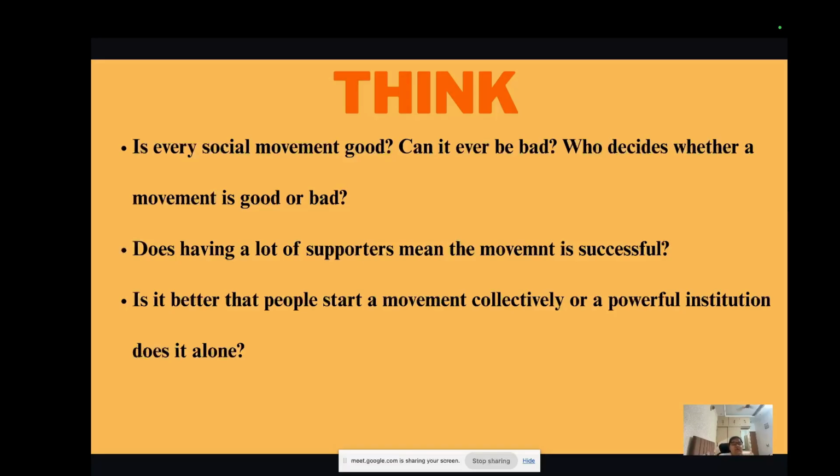They do think that the cause the social movement is fighting for is worth fighting for, and hence, because there are a lot of people, it means that a lot of people have the kind of awareness that they want for the particular problem that the movement is being fought for, right?